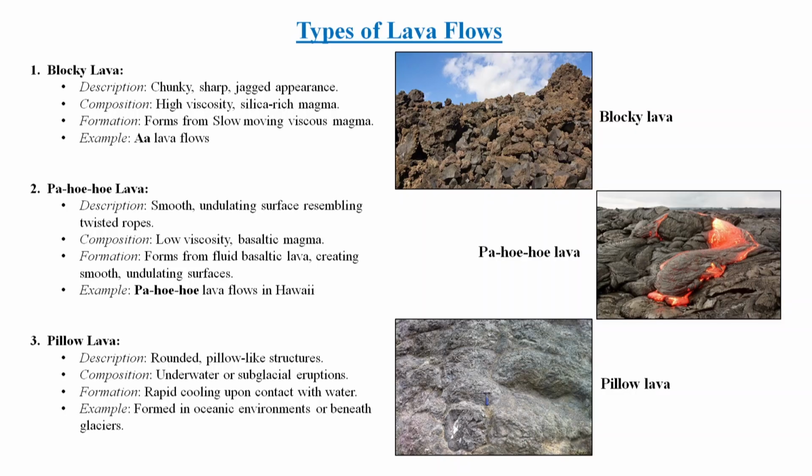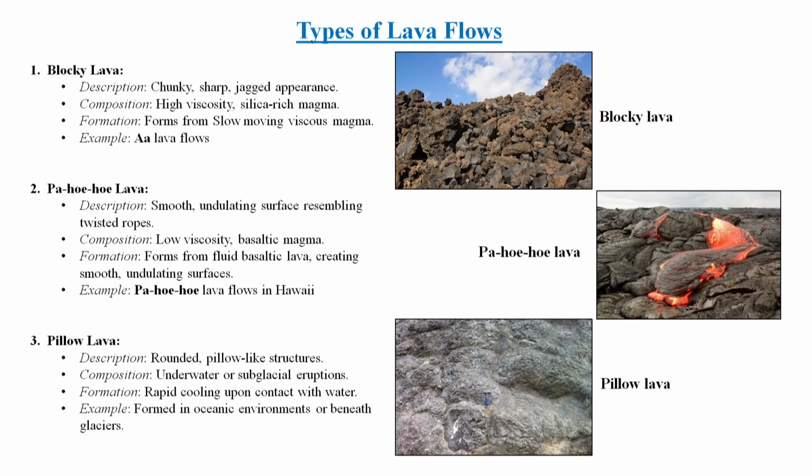It is also referred to in Hawaiian terminology as aa lava. The pahoehoe lava, which was earlier referred to as ropey lava, is now called pahoehoe, the Hawaiian term. They have a smooth undulating surface resembling twisted ropes, that's why they used to be referred to as ropey lava.